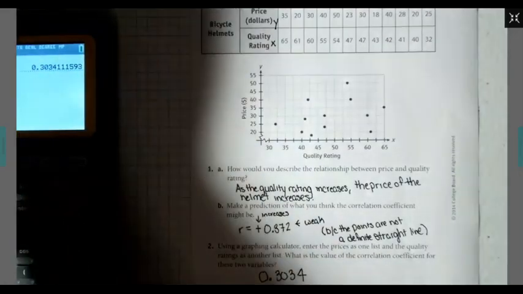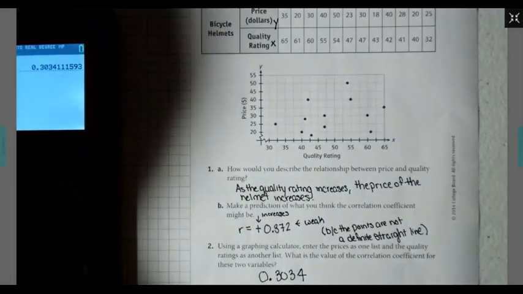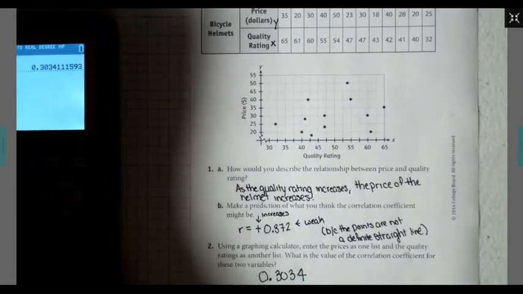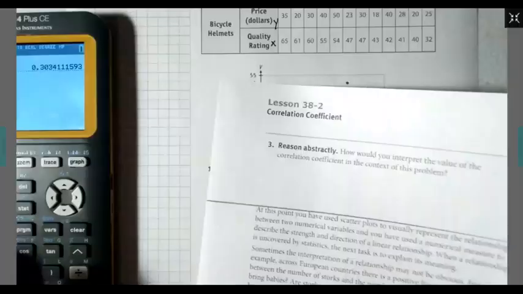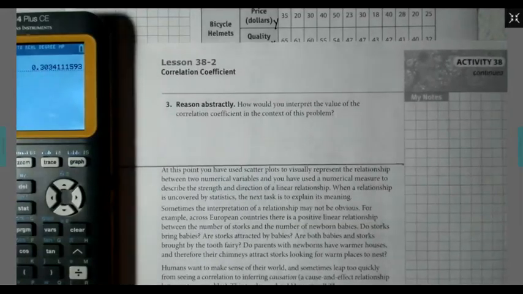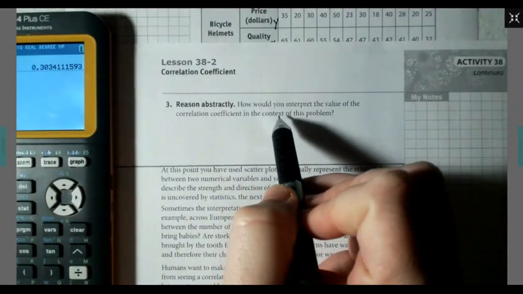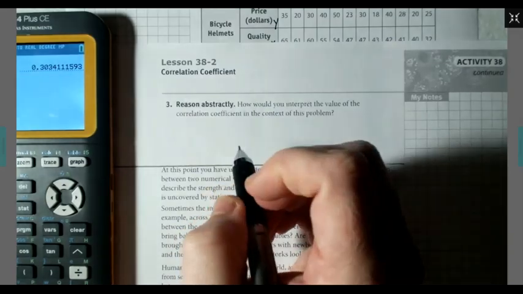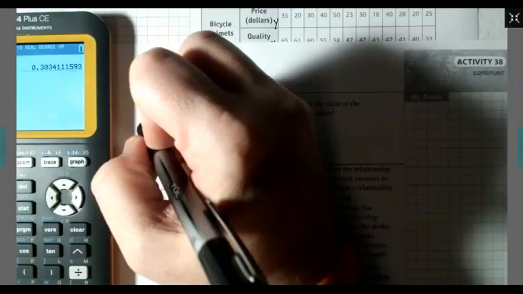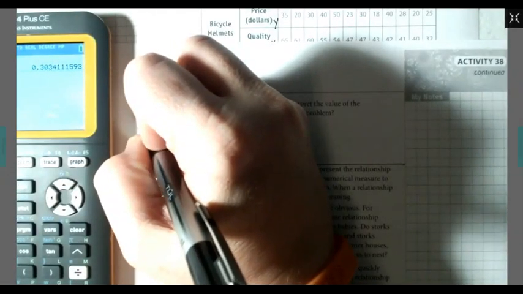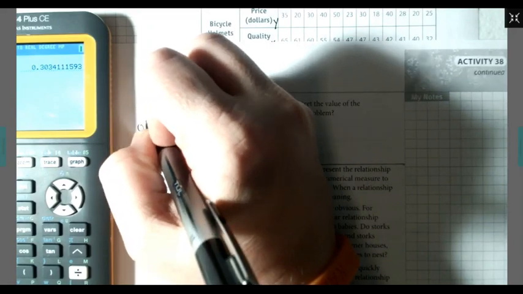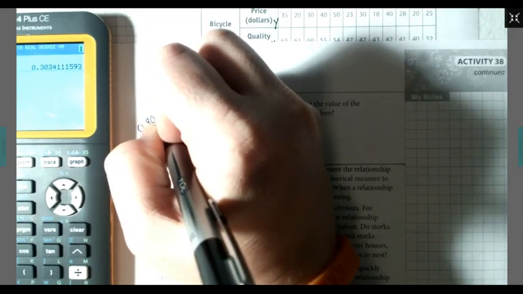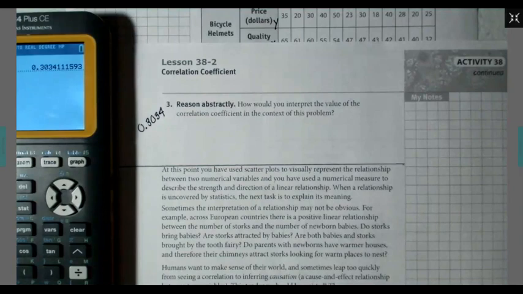Let's take a look at question number 3, which is at the top of the next page. Question 3 says, how would you interpret the value of the correlation coefficient in the context of this problem? Remember, the correlation coefficient is 0.3034. So what does that mean?